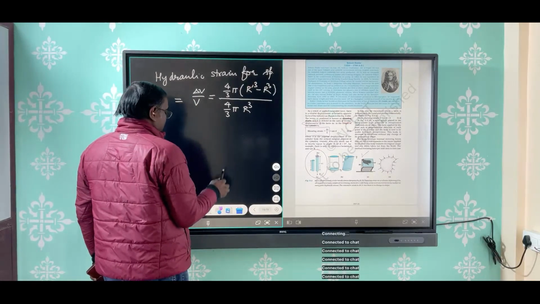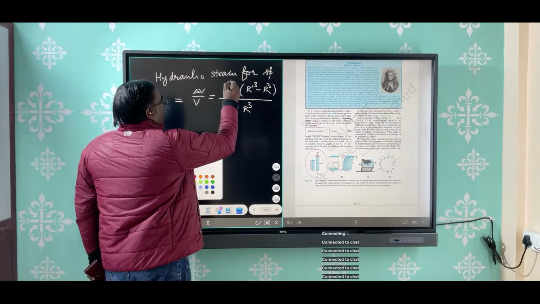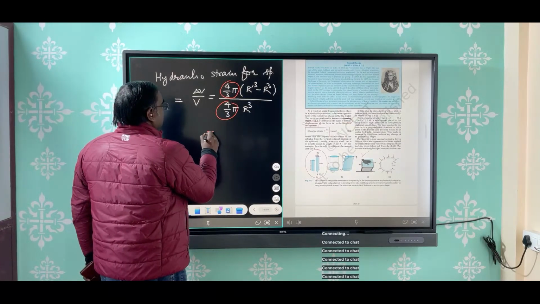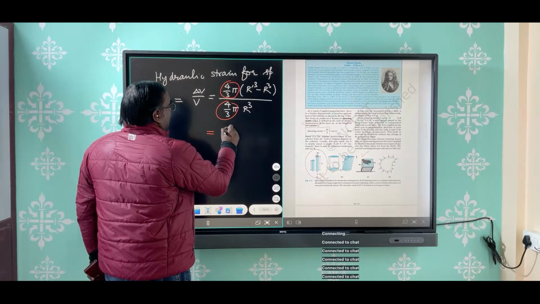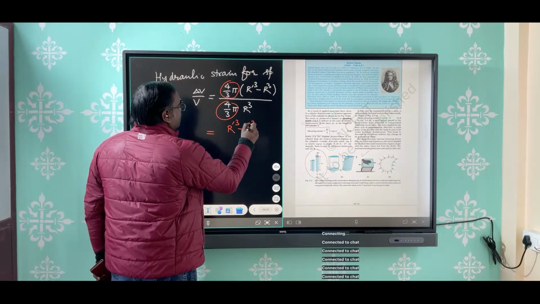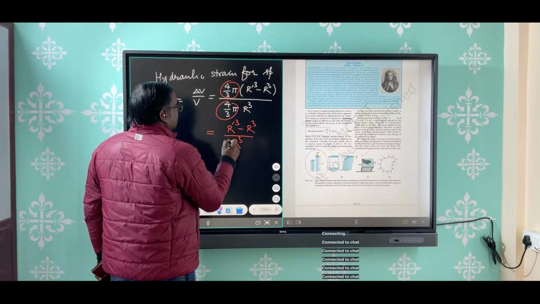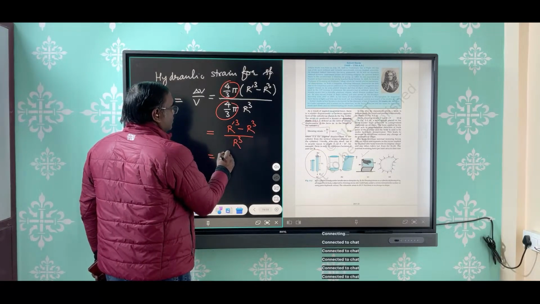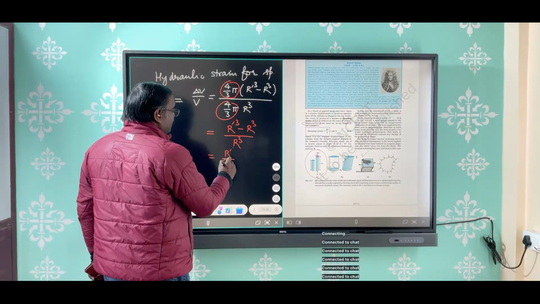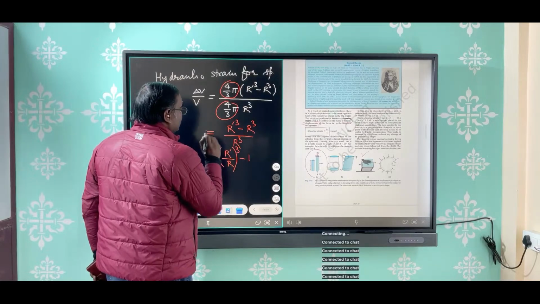So this is going to cancel out. So what we are left with is r prime cube minus r cube upon r cube, that is equal to (r prime upon r) whole cube minus 1.